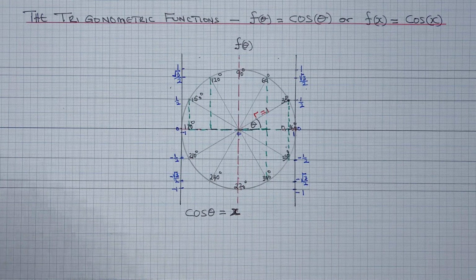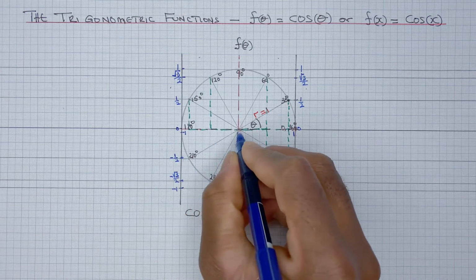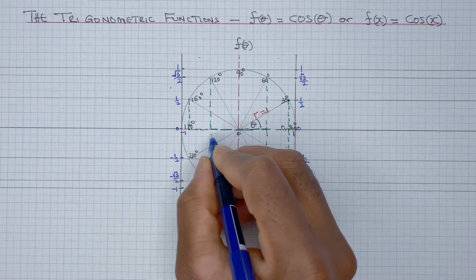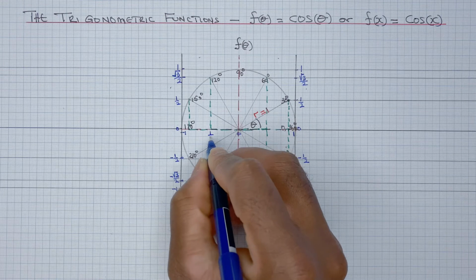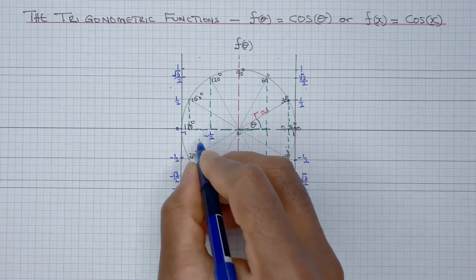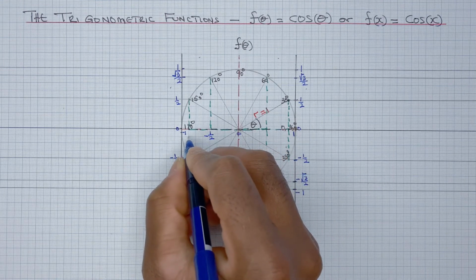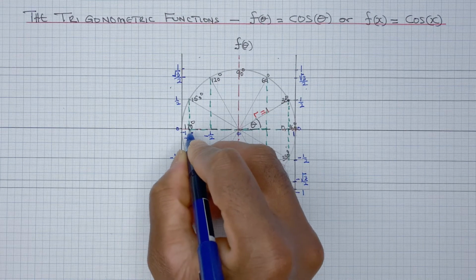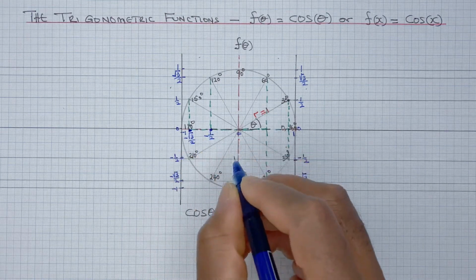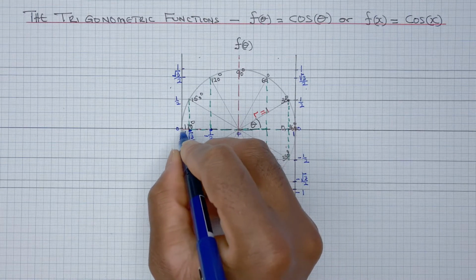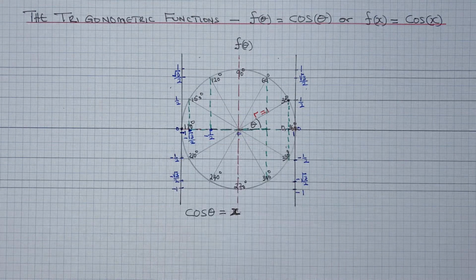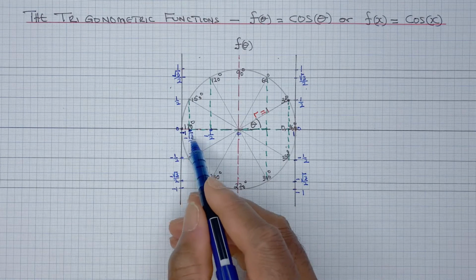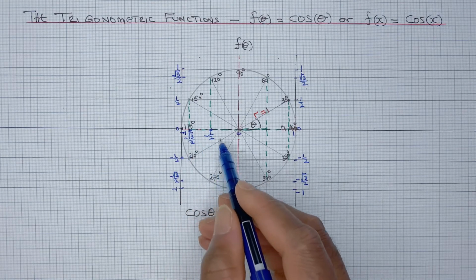So to write the x value, this x value here is a half, minus a half, minus root 3 over 2 is this point here. So this is minus a half, and this is minus 1. Minus 1 there. Minus root 3 over 2, minus a half, 0.